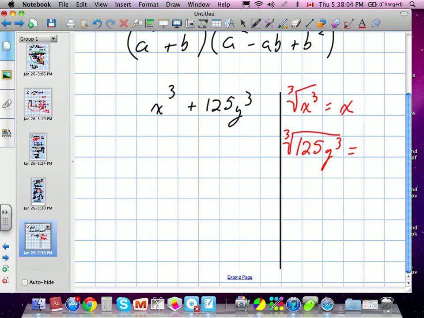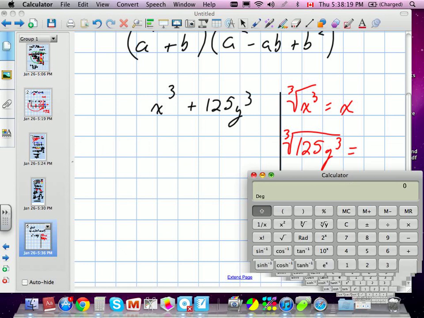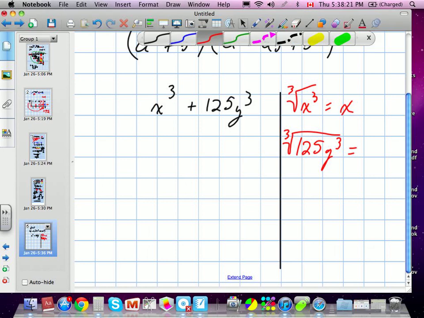You can put it in your calculator if you want. Is it 25 or 125? That's right. And what's the cubed root of y cubed, or y to the power of 3? Just y? Yeah, so together it's 5y.